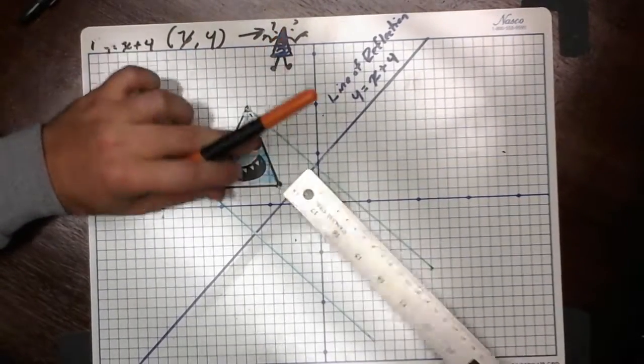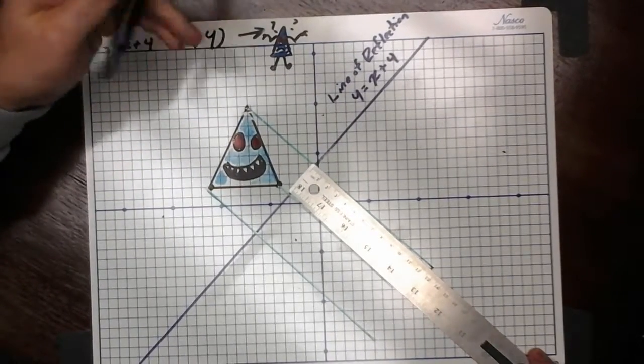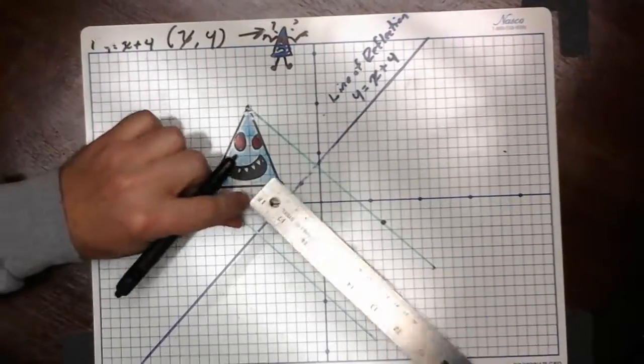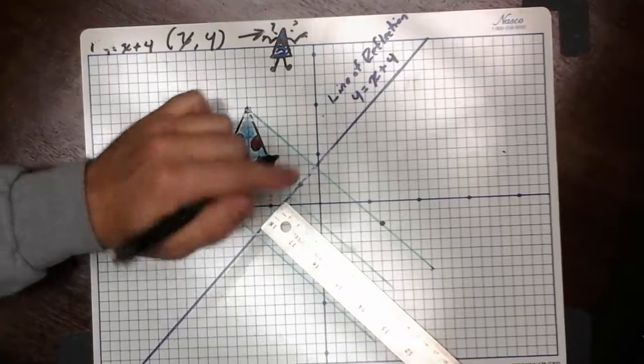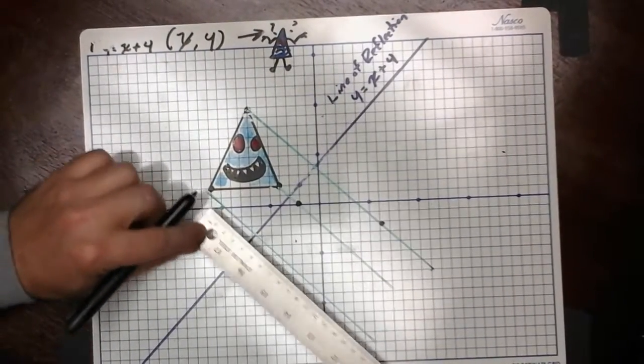So this is about 7 centimeters. Okay, let me get the right color marker. There we go, 7. This is about 1. And that's about 5.